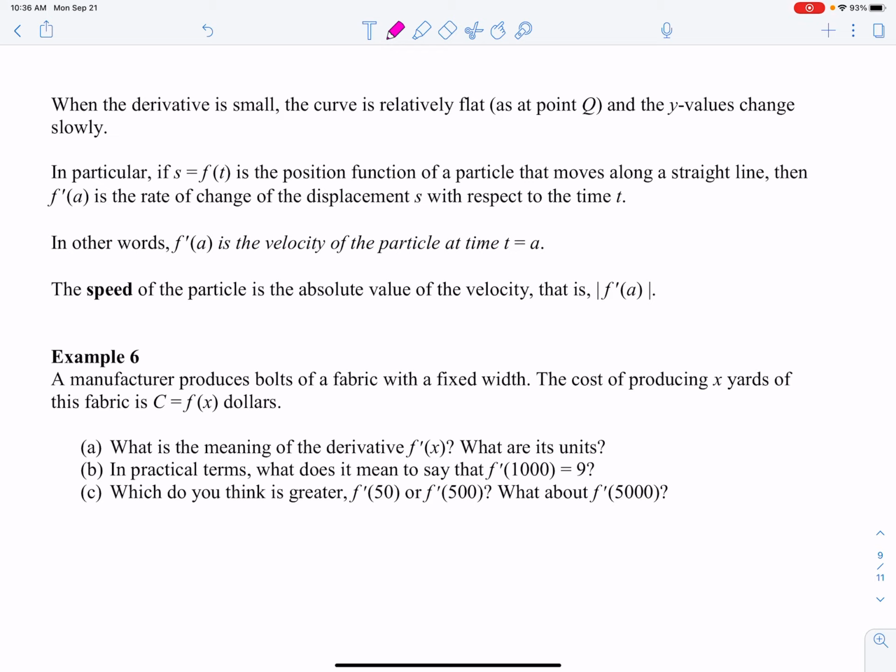In other words, f prime of a is the velocity at time equals a. So that's important to remember: if you take the derivative of position, you get velocity. The speed of the particle is the absolute value of the velocity, in other words, the absolute value of f prime of a.